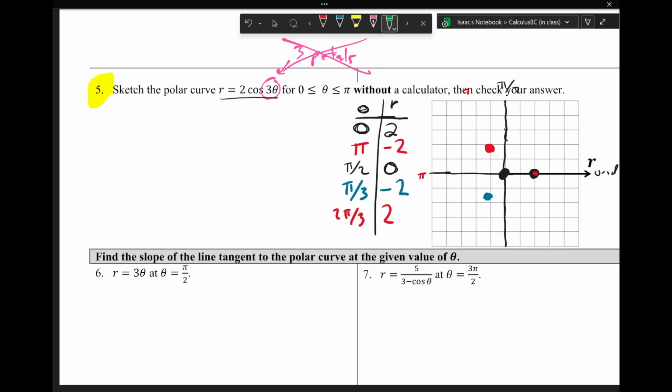I haven't tried pi over 4 yet, so I could try that. 3 times pi over 4 is 3 pi over 4. The cosine at 3 pi over 4 is negative square root of 2 over 2. Times that by 2, we get negative square root of 2. Now what is square root of 2 as a decimal?